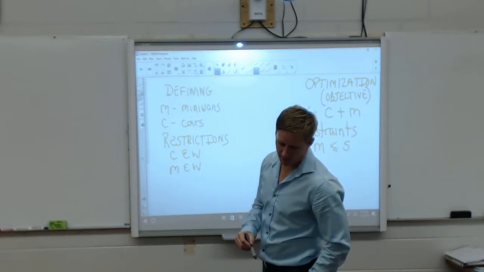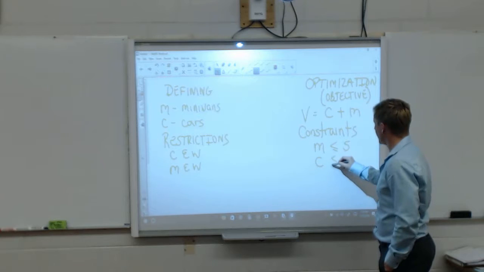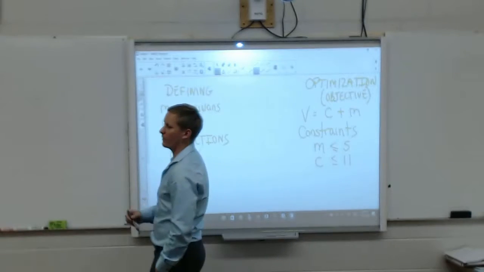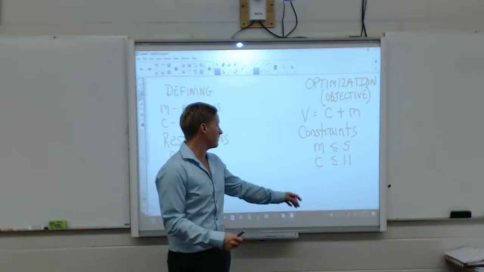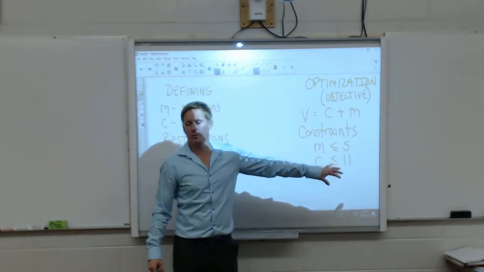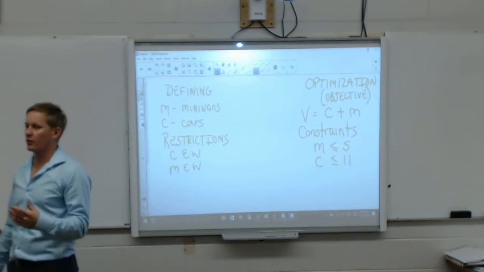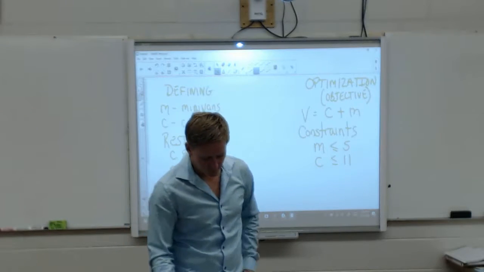And how many is the maximum number of cars that are available? Okay. So those are the statements that I look for first. Those are the ones that I really want to focus in on. The ones that are very specific. And what you're going to find is that they're mostly going to be horizontal and vertical lines if you were to graph it. Okay? All right.